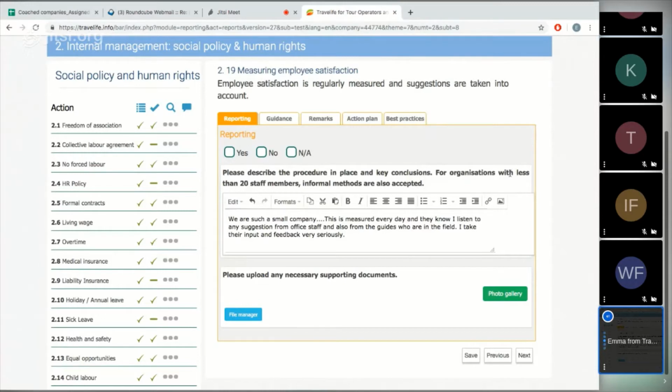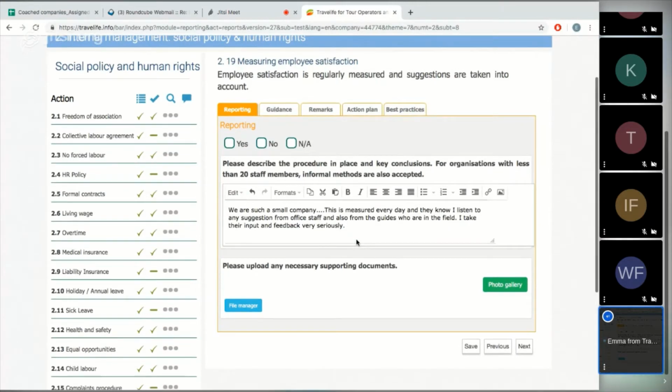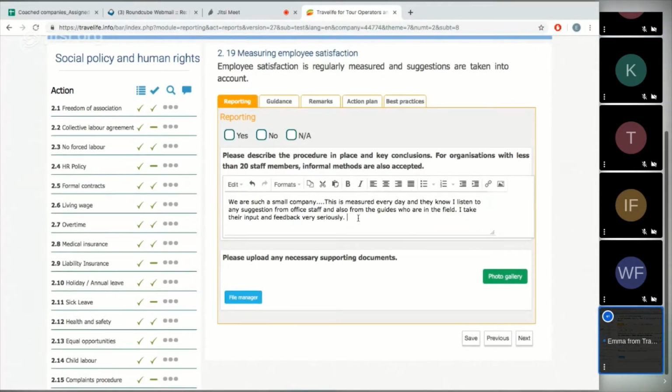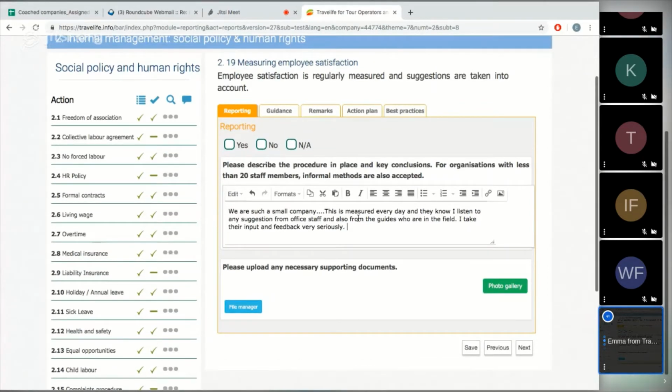And of course, for organizations with less than 20 staffs, informal methods are also accepted. So whether you have one-to-one conversations about this or feedback meetings, or maybe if you're a big company, you have surveys taking place to measure your employee satisfaction, then please provide that over here.